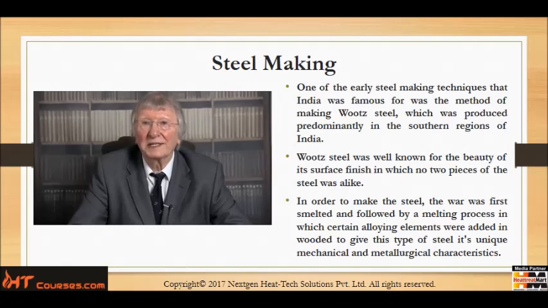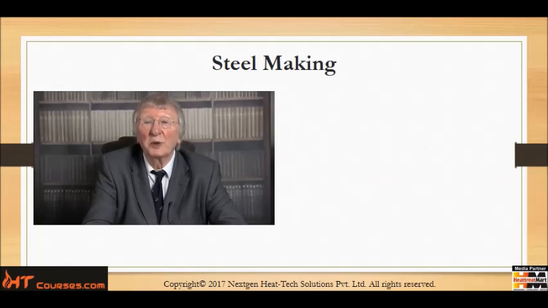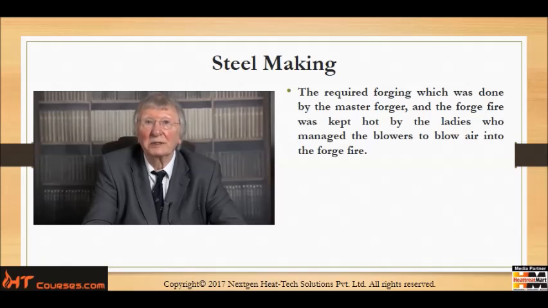In order to make the steel, the ore was first smelted and followed by a melting process in which certain alloying elements were added to give this type of steel its unique mechanical and metallurgical characteristics.